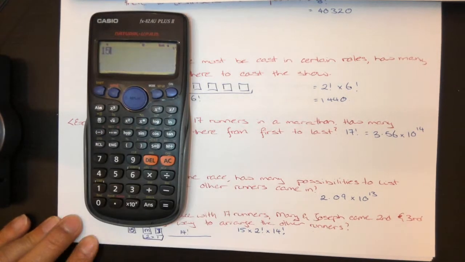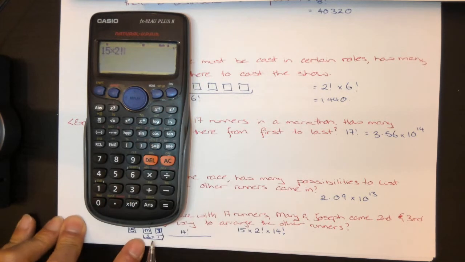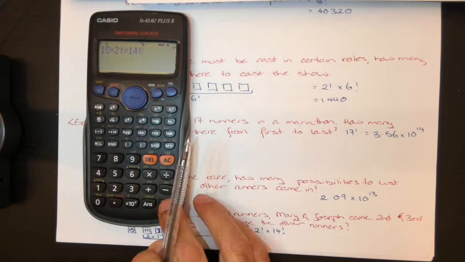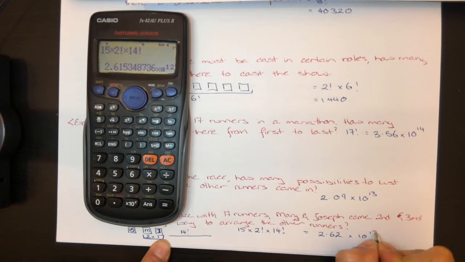So 15 positions for first place. Then I have 2 times 1, or 2 factorial for second and third, because we don't know which order they came in. And then I have 14 factorial for all the other runners. So we have 2.62 times 10 to the power of 12.